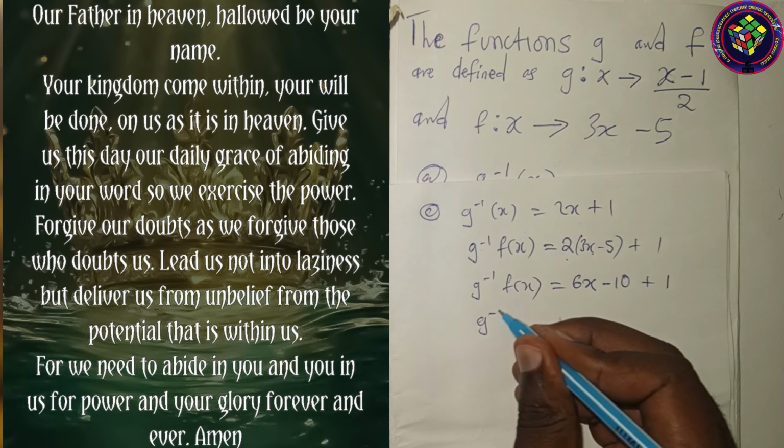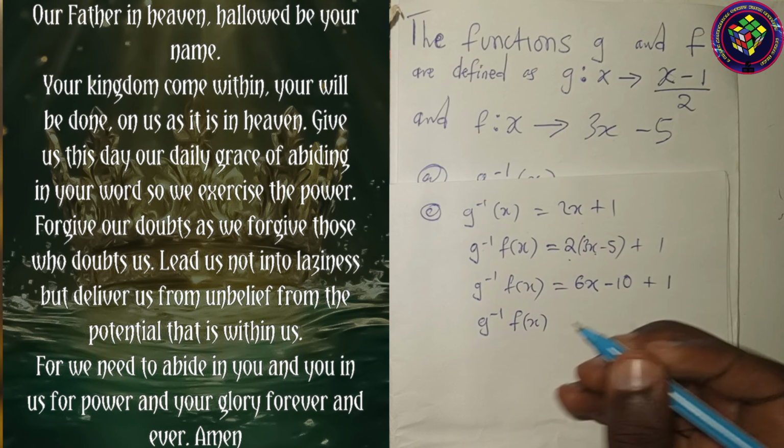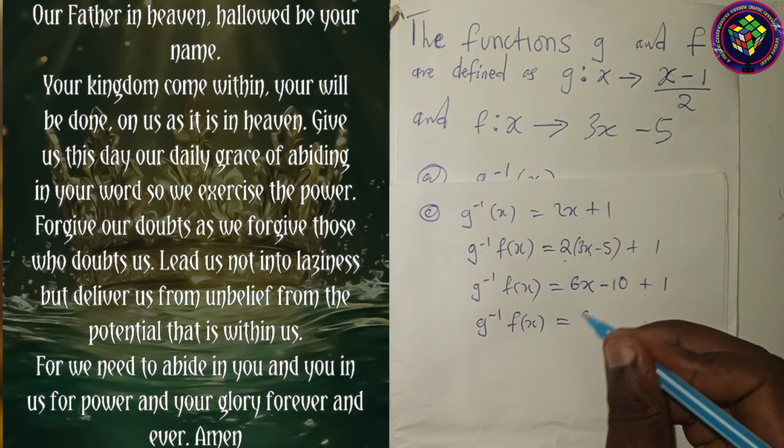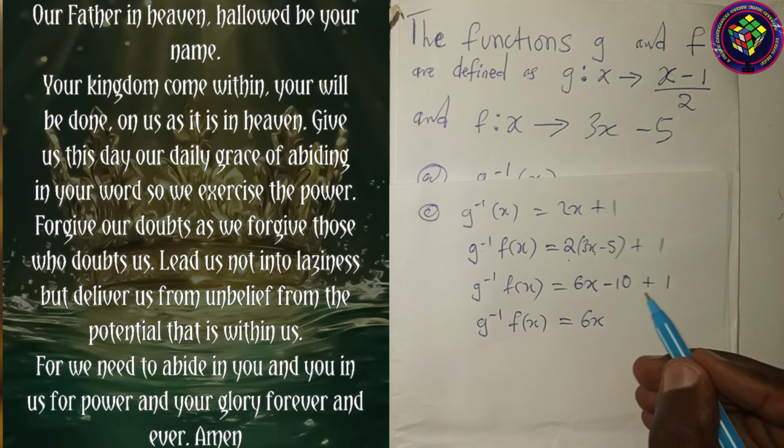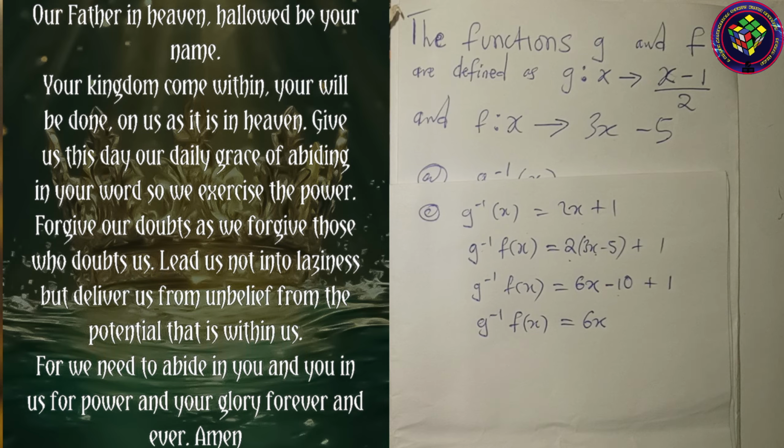So we have g inverse of f of x is equal to 6x. Here we have minus 10 plus 1. Now what is minus 10 plus 1? Yes, minus 9. When you have different signs, you subtract and get the sign from the bigger number.